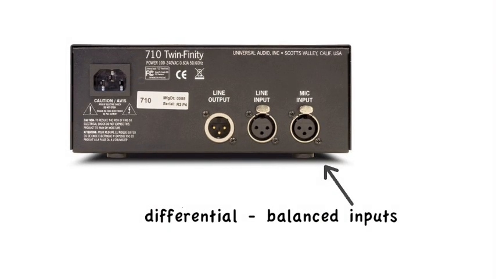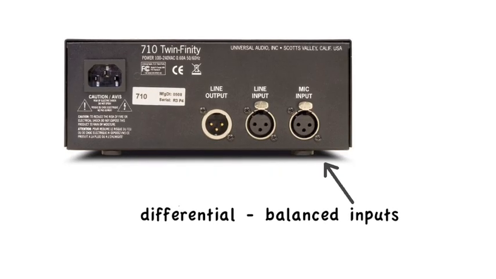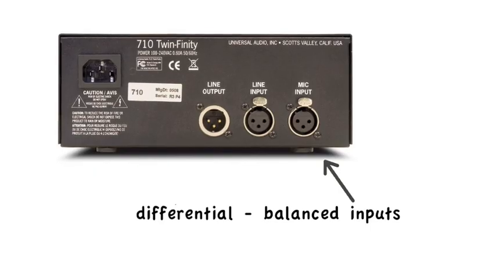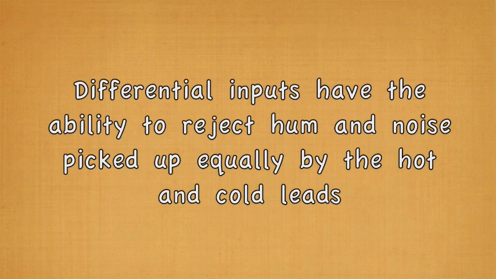It is only when balanced cables are connected to differential or balanced inputs that a true balanced interconnection can be achieved. In short, differential inputs have the ability to reject hum and noise picked up equally by both the hot and cold leads.